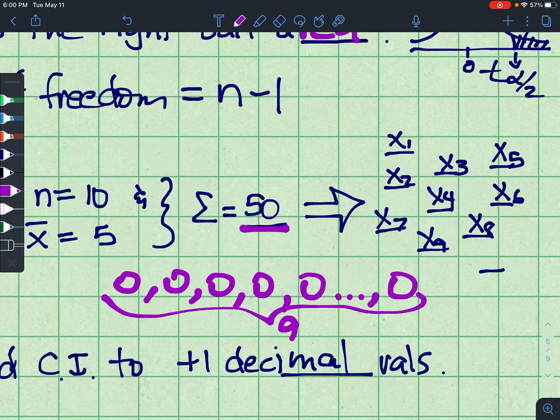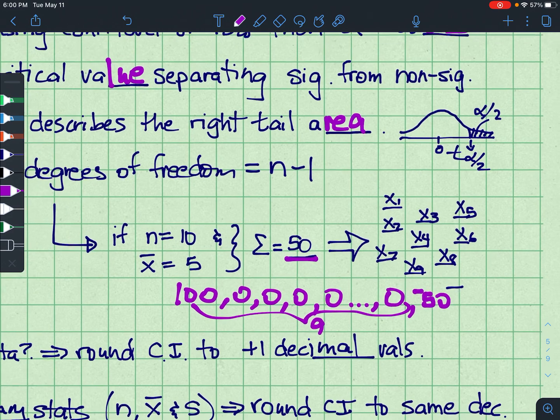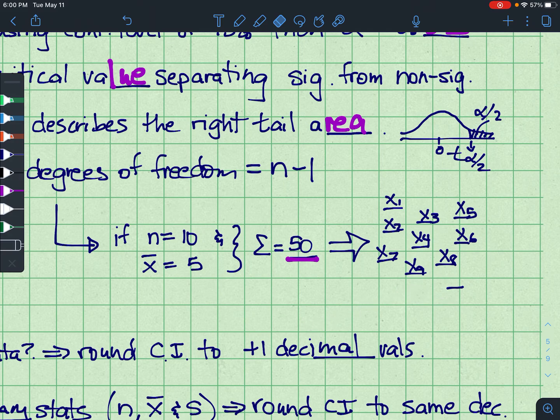So the 10th one would then have to be 50. And if one of those is 100, then the last one would be negative 50. So we can always adjust the last item to complement the others. So 9 of them are free, but one of them is frozen, so to speak. So we have 9 degrees of freedom is the way they describe this.